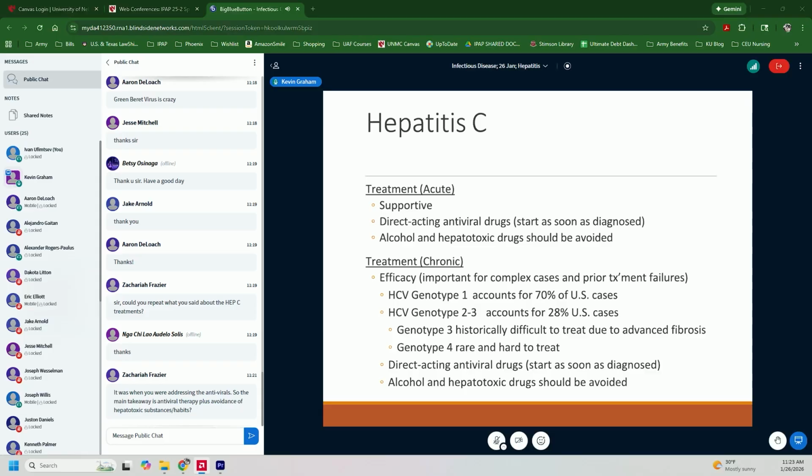So our goal with a lot of the hepatitis treatments is to either one, cure it, and if you can't, then at least slow the progression down to offer the patient as long and as good of a life as possible by protecting the liver.